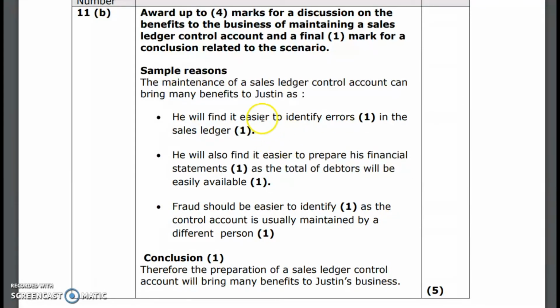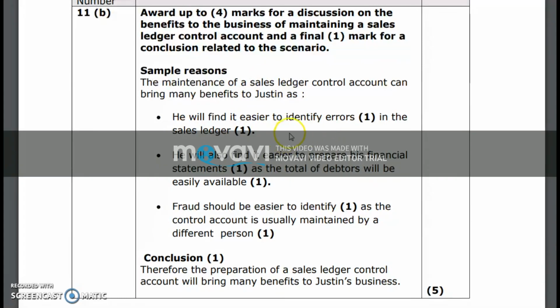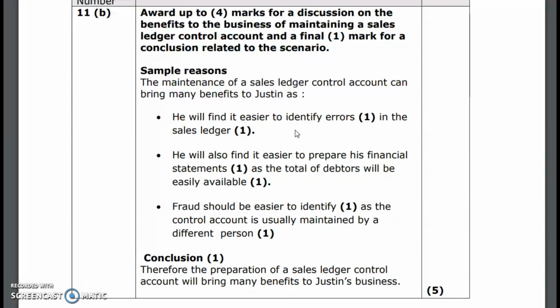However, there is also a negative point connected here, because although the sales ledger control account helps to identify errors, there are 6 errors that are ignored here. The error of principle, error of omission, error of commission, complete reversal, and compensating errors. These are completely ignored here. Errors of original entry too.